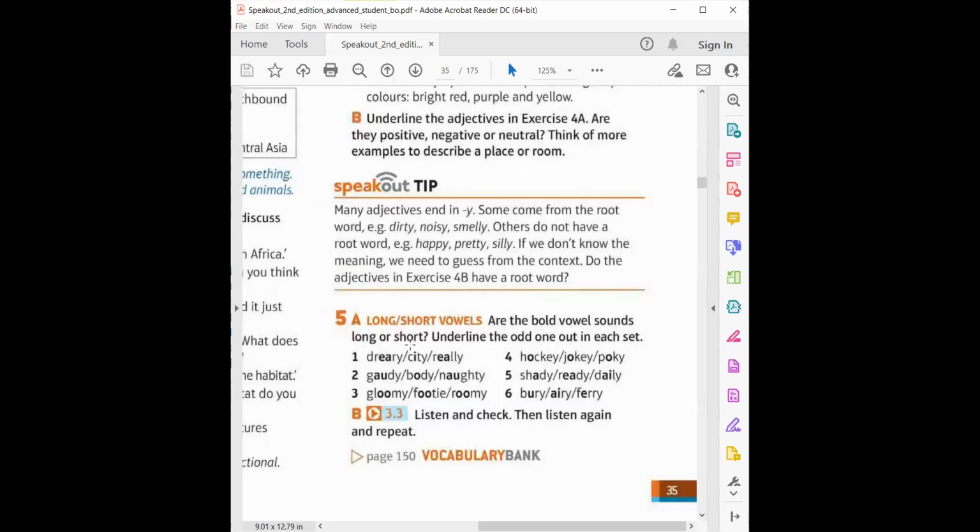I think short is like just one vowel in the word. Look here, for example, pokey. Okay. What about gloomy? This one's definitely a long one, and that one was short. I'm not going to confuse you with the phonetics a lot. I just want you to learn how to read them.